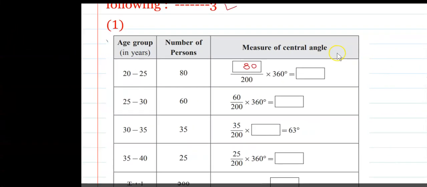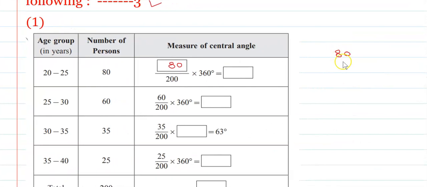Now the simplification is 80 upon 200 into 360. Now these two zeros get cancelled. 2 ones are 2, 18 into 8, that is you will get 144, the first angle.